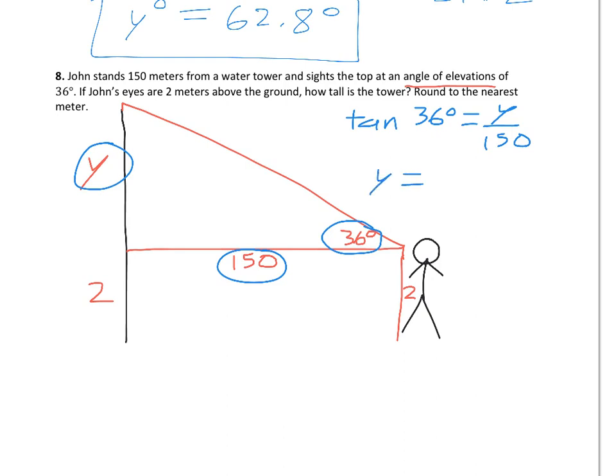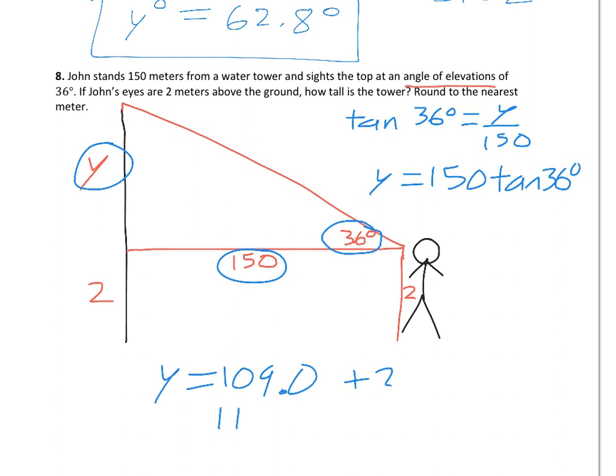Multiply 150 on the other side. 150 times tan 36 is 109.0, so y equals 109.0, and we have to add the 2 meters. Adding 2 to this, we get 111 point. Actually, they said round to the nearest meter, so 111 meters. All right, that's it for the first half of 12.1.